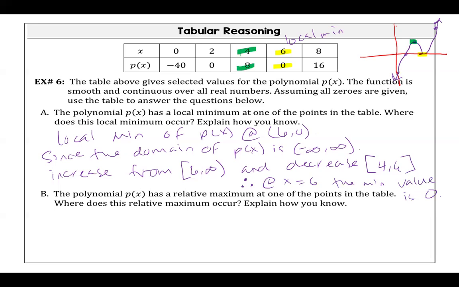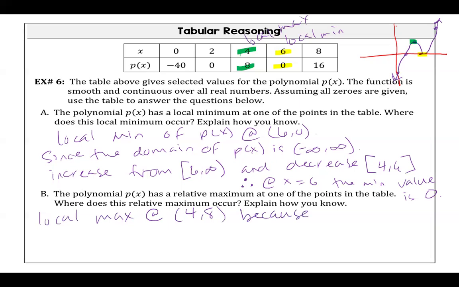And why do we know it's a local max? And why is it not global? Exactly.